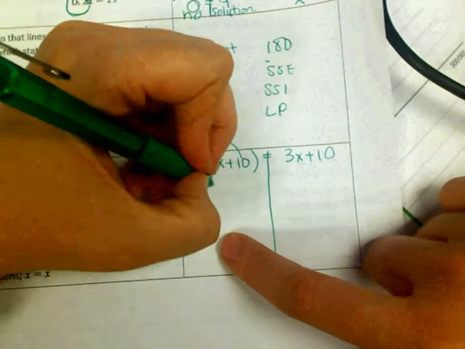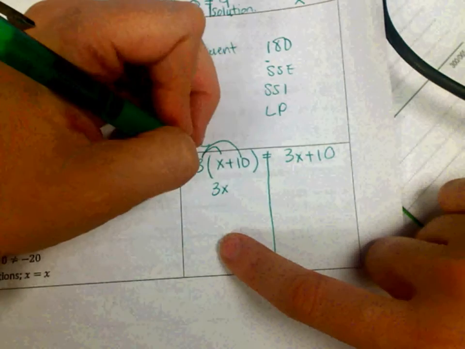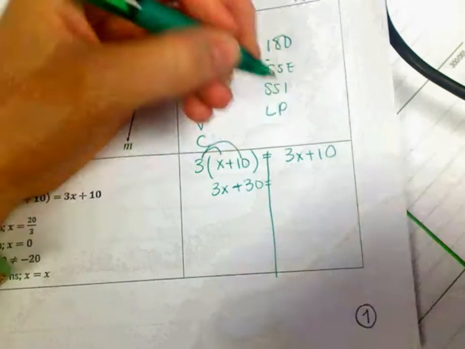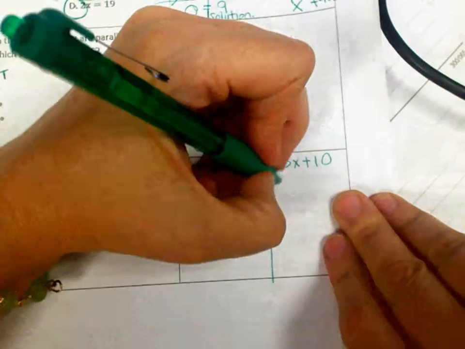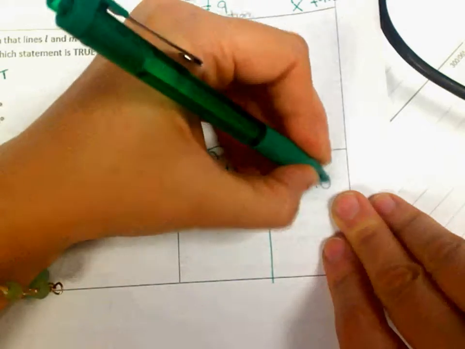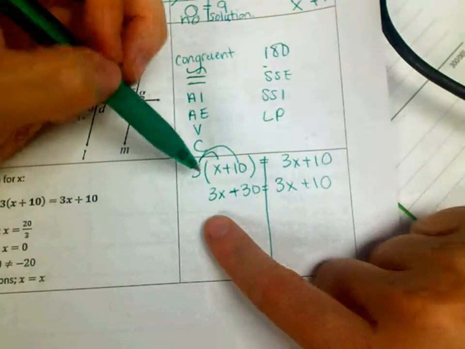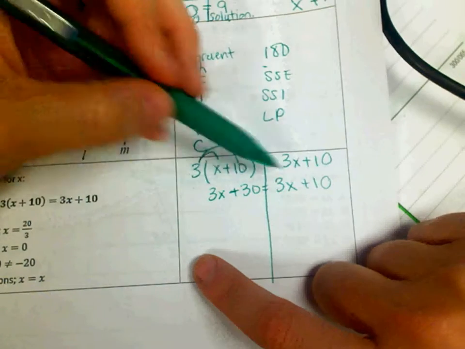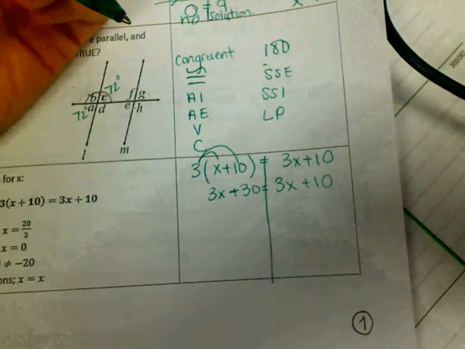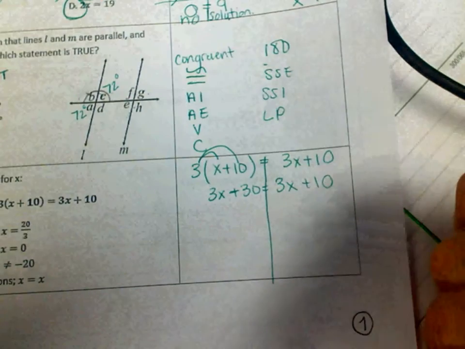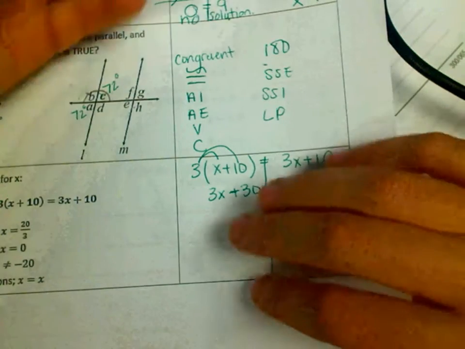So 3x, 3 times 10 is 30, and that equals 3x plus 10. I'm already noticing that I have a positive 3x variable term on both sides, so this equation is going to be a special type. It's either no solution or infinite solution. I don't know yet. I need to solve.